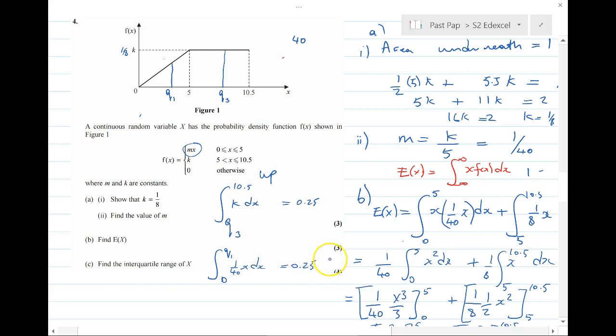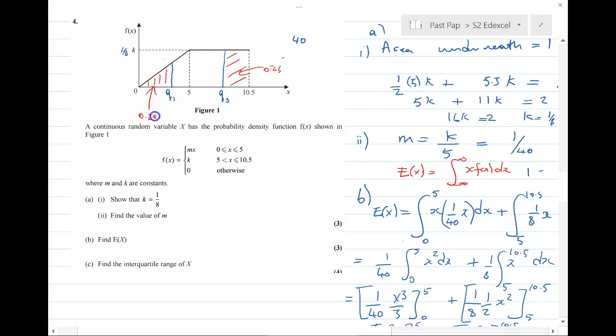But I'm not going to do it that way, because if it's linear, I feel that integrating is a sledgehammer to crack a nut. This is a linear thing and we can just do it from the graph. So equivalent to the integration, I'm going to use the fact that that area is 0.25 to work out the upper quartile, and that this area is 0.25 to work out the lower quartile.